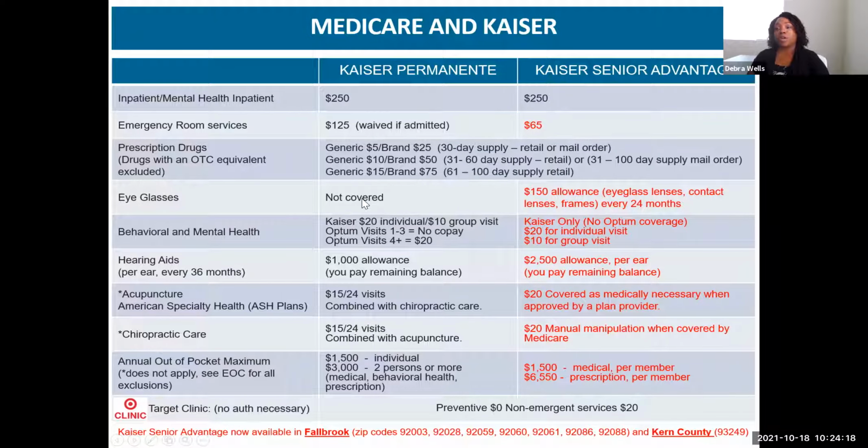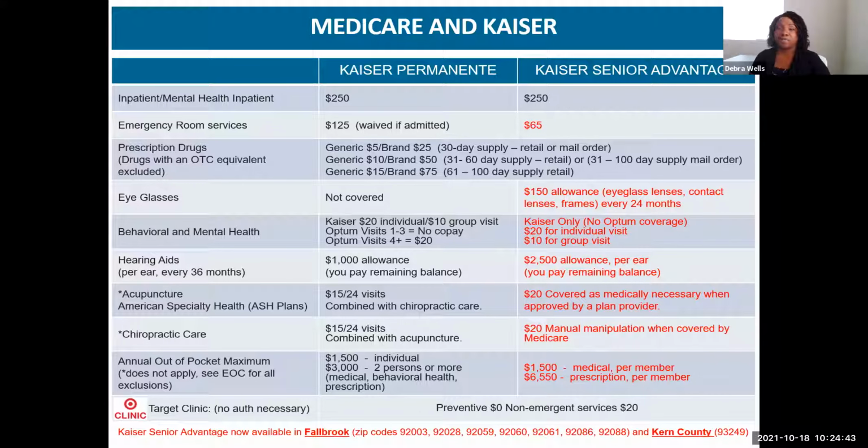Now, under the vision benefit, as far as eyeglasses, where it was once not a covered benefit, Kaiser Senior Advantage members have a $150 eyeglass allowance. This can be used every 24 months for your frames and your lenses.